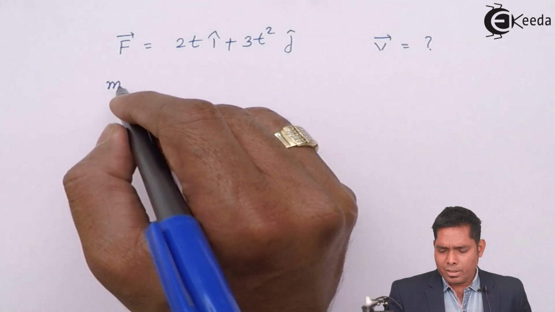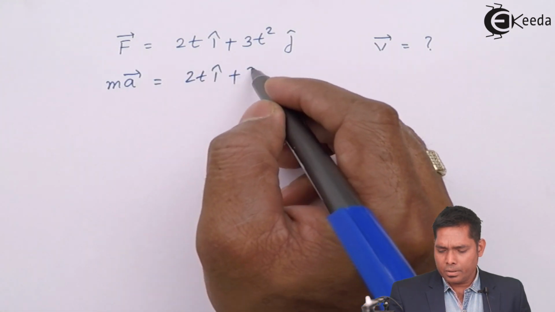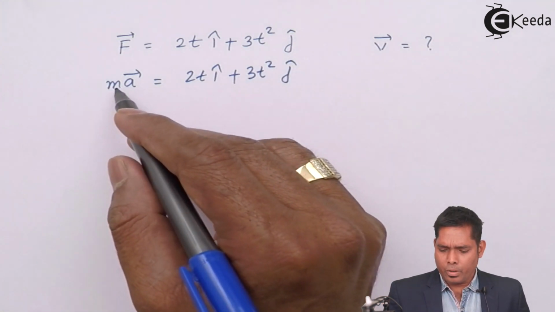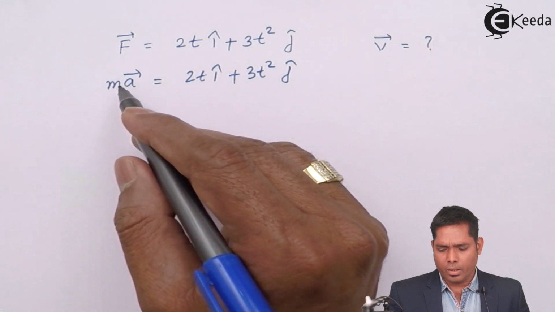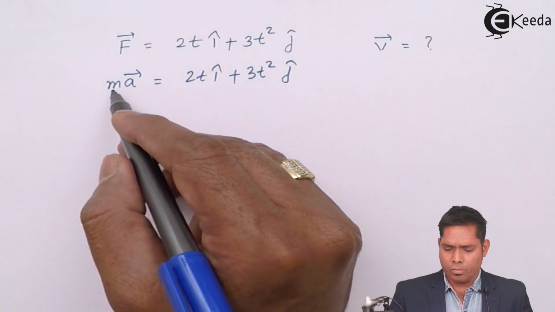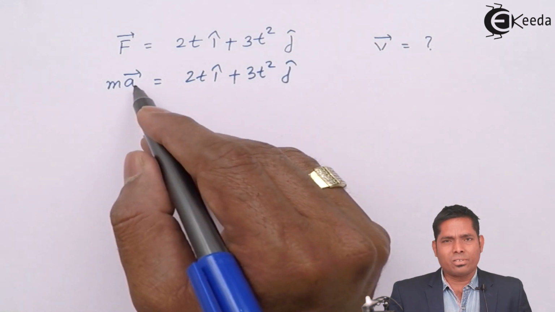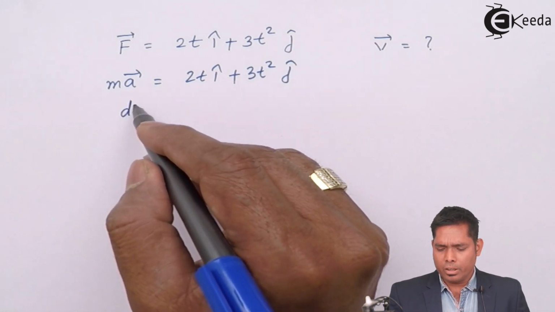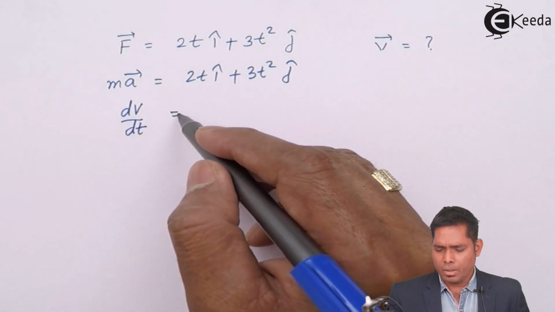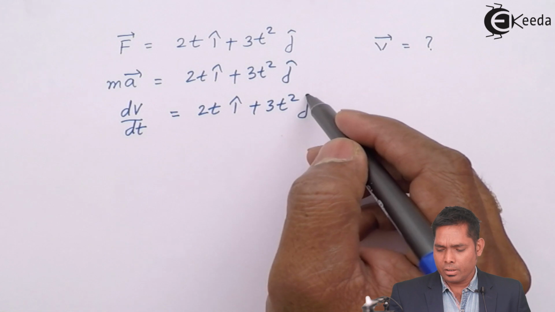Force is mass into acceleration, and this is 2t i cap plus 3t square j cap. If I put the value of m, which is 1 kilogram given in the question, then this is 1. So acceleration is this one. Acceleration is dv over dt, which is given by 2t i cap plus 3t square j cap.